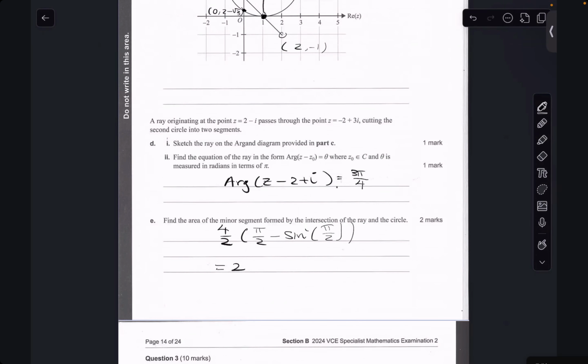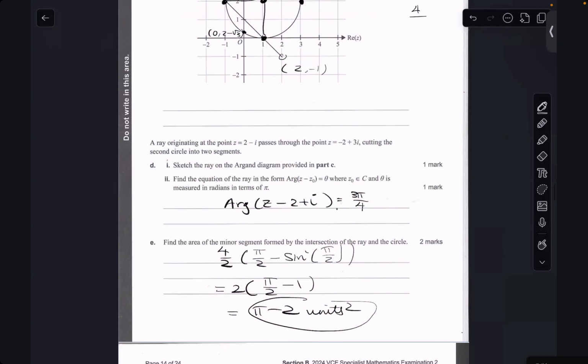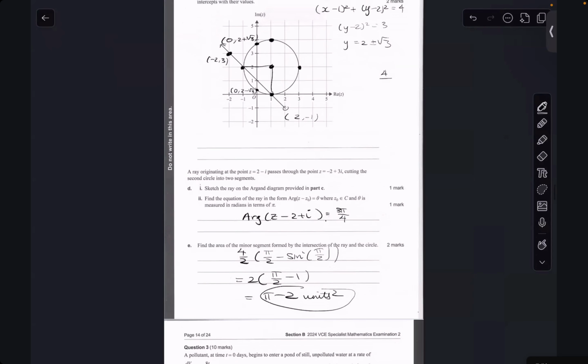Which is 2 times pi over 2 minus 1, which is pi minus 2 units squared. Is that right? Yeah, I think so.